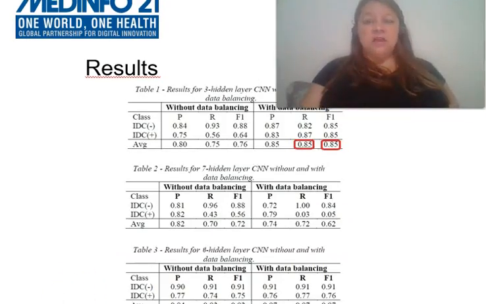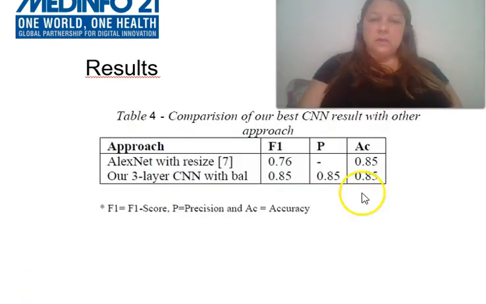Results indicate the efficiency of the 3-layer CNN, with precision, F-score, and accuracy of 85%. The metrics achieved are superior to the original work, 85% for precision, accuracy, and F-score.